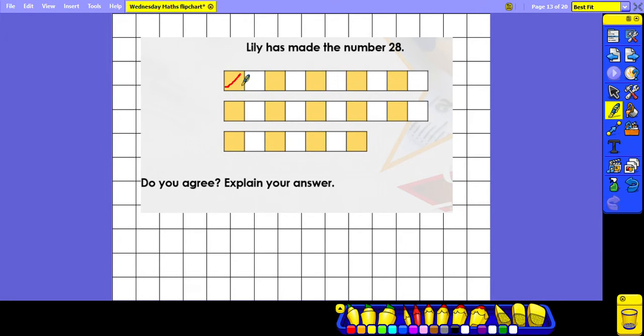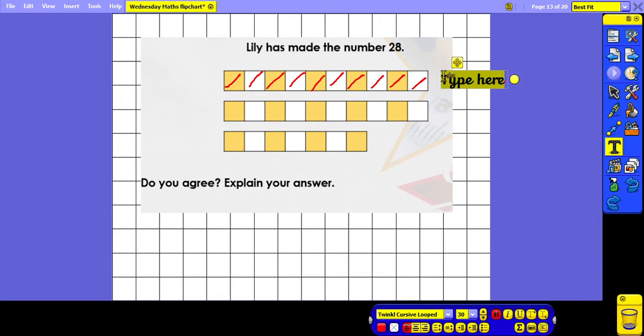So there's 1, 2, 3, 4, 5, 6, 7, 8, 9, 10. We know that there are 10 blocks there, and this is the same, so there are another 10 in this one.